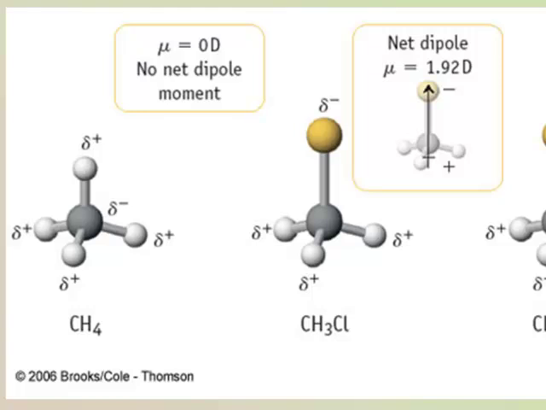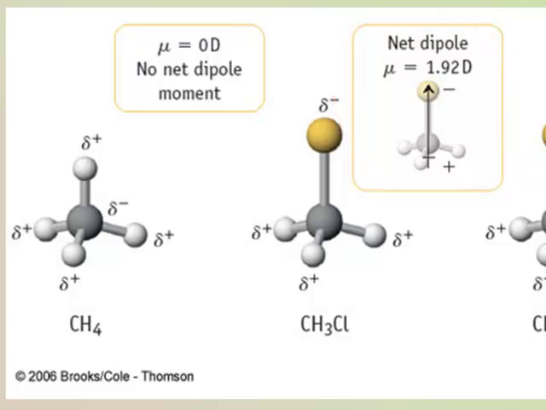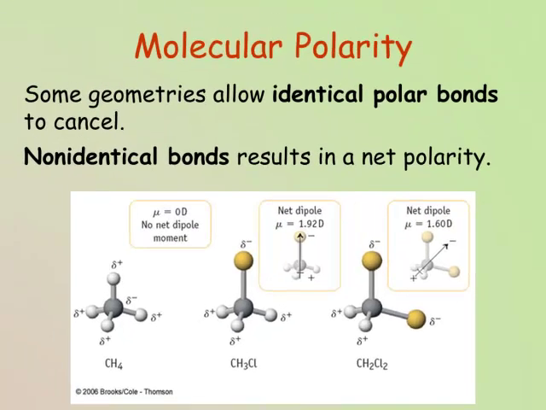In CH3Cl, the chlorine has a greater pull in its bond than the hydrogens have in their bonds. This results in a net pull in this molecule. The whole molecule is polar. Some geometries allow polar bonds to cancel, but only when the bonds are identical.